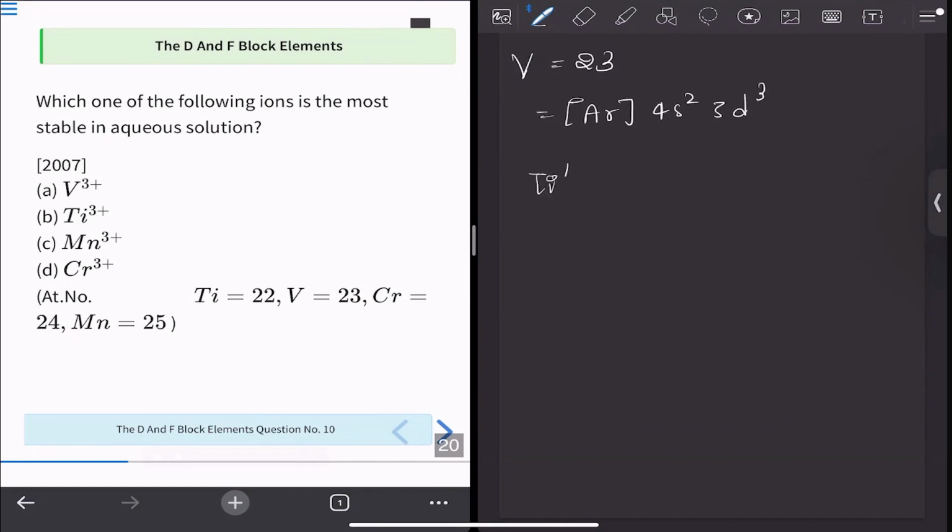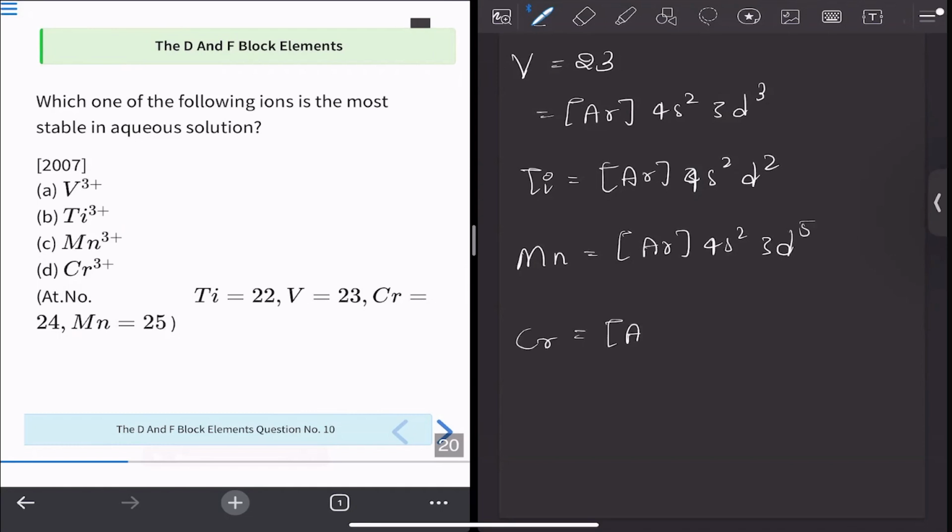Titanium will be argon 4s2 3d2. Manganese, argon 4s2 3d5, and chromium, argon 4s1 3d5.